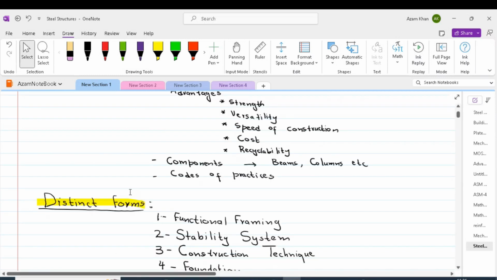Now, let us discuss distinct forms of steel structures. By forms, we mean different types of steel structures. Like we can have residential forms, commercial forms, industrial forms, long span forms such as stadiums and arenas, and agriculture forms or warehouses.